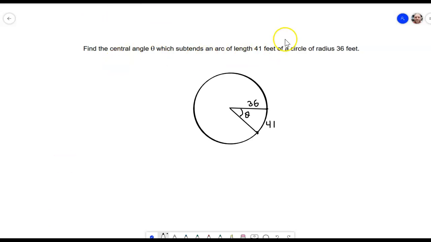For this problem I'm going to find theta first in terms of radians, and then in terms of degrees, so we can do it in both. That's good practice.